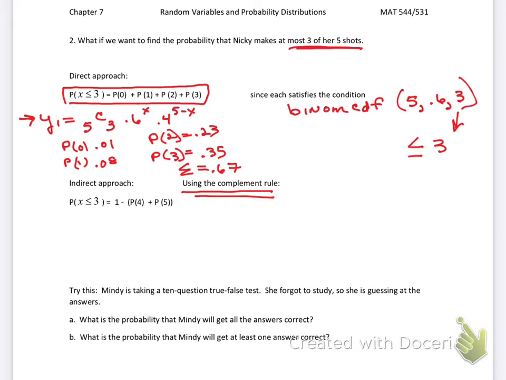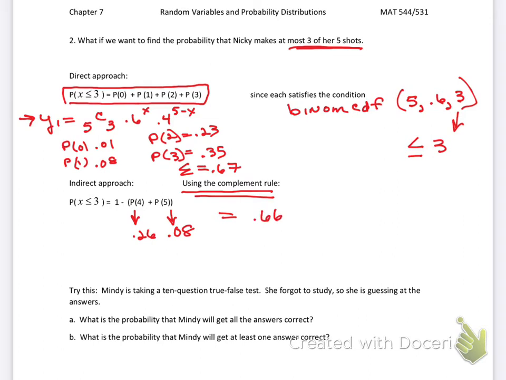So the probability of Nikki shooting at most 3 of her shots is 1 minus the probability of the sum of P4 and P5. So this is going to be 0.26, and this was 0.08, and so you're going to get about 0.66, which is pretty close to 0.67.